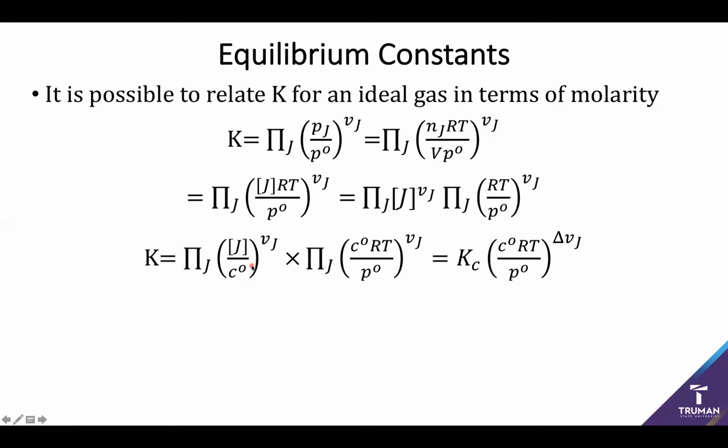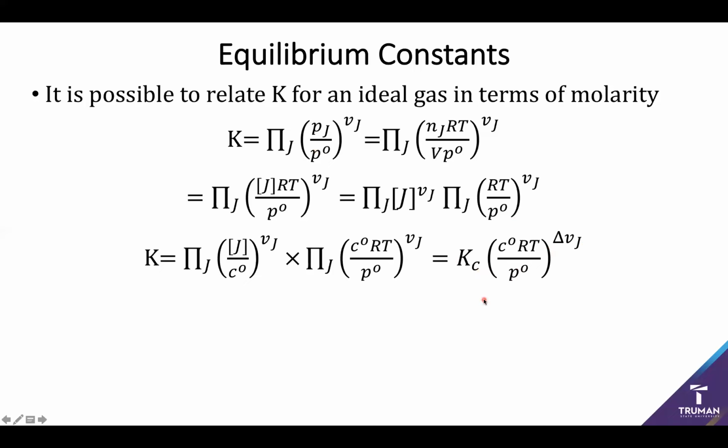And this will be equivalent to multiplying the whole thing by C naught over C naught, because we have identical stoichiometric coefficients, so those cancel out. And when we do this, you may notice that the first term is going to be our equilibrium constant in terms of concentration, and now we have a simple correction factor as a subsequent term, where we can relate the equilibrium constant with respect to pressures to the equilibrium constant with respect to concentrations with a correction factor that's dependent on the change in the stoichiometric coefficients.